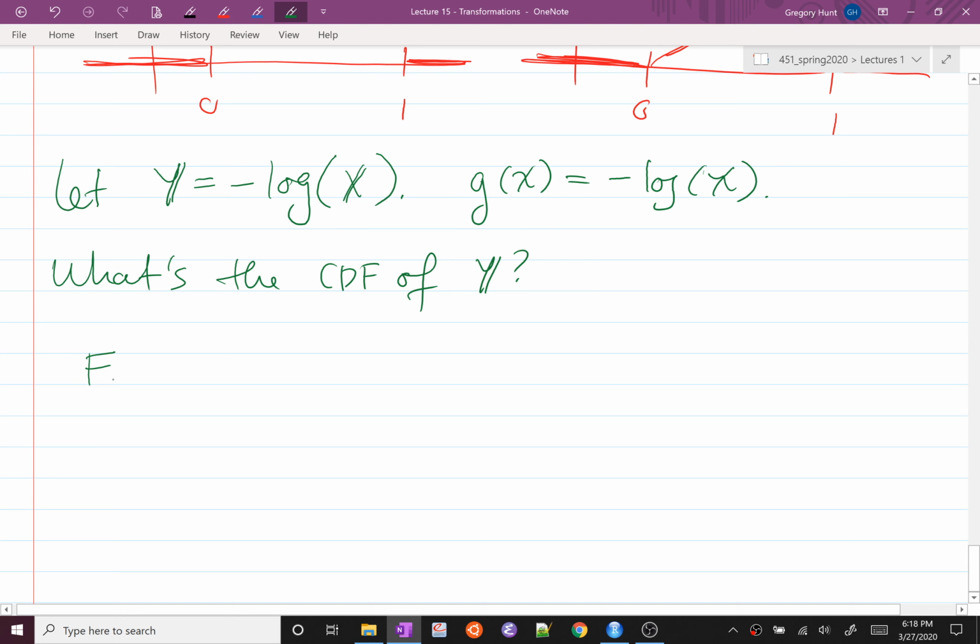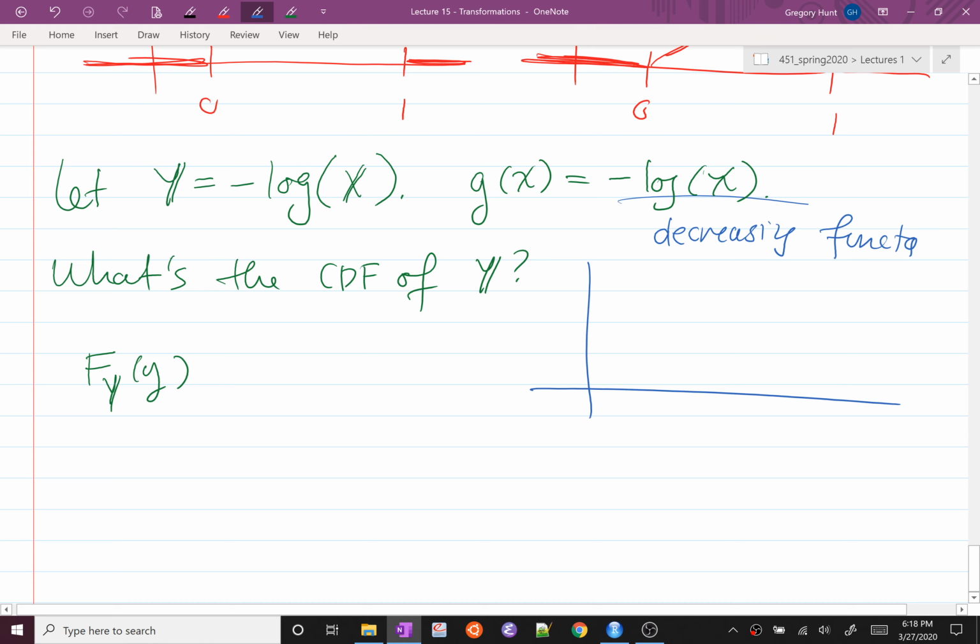The CDF of Y, F_Y of y, which case are we in? This is a decreasing function. Negative log of x. So log of x looks like this, and if we take the negative of that, this is negative log of x.